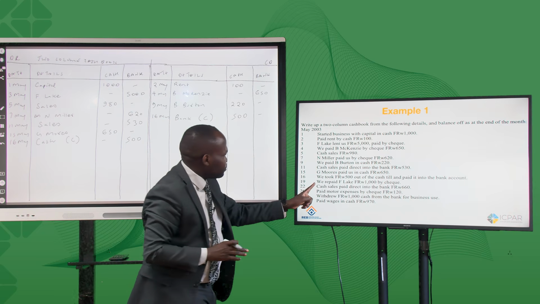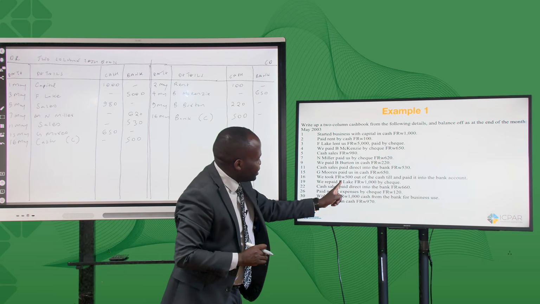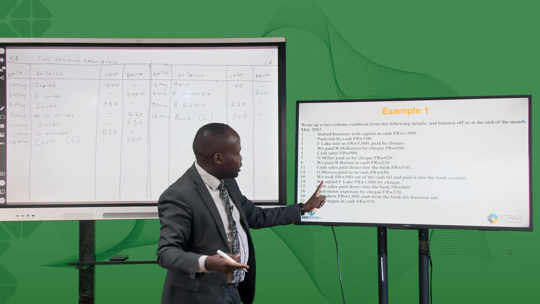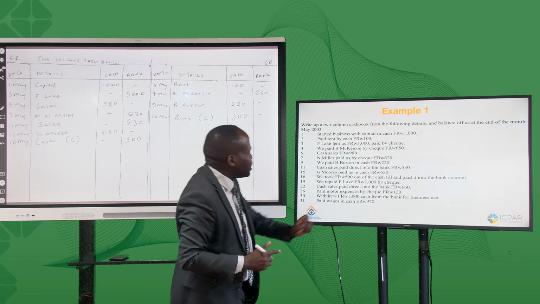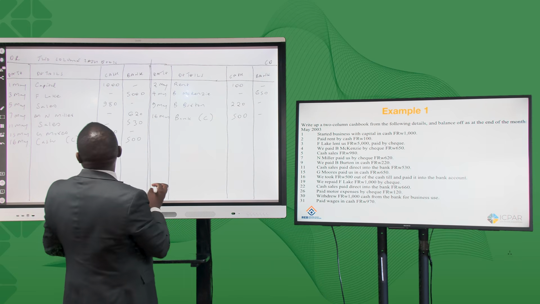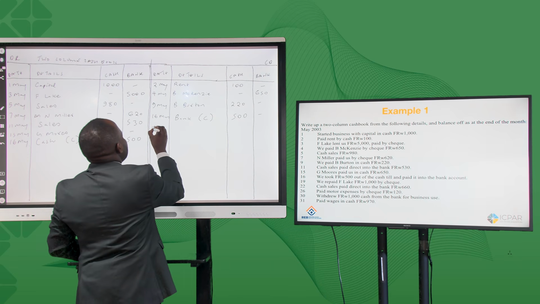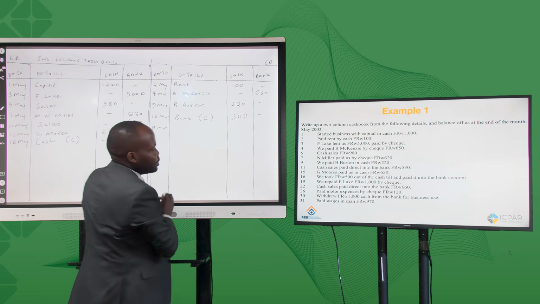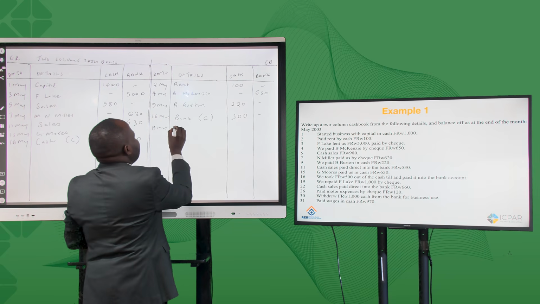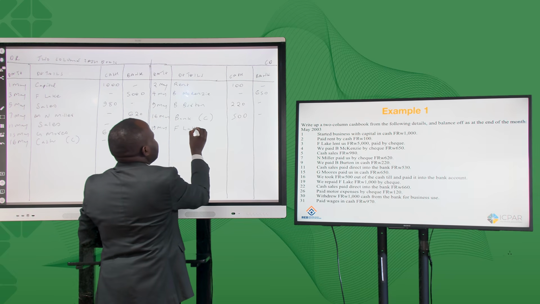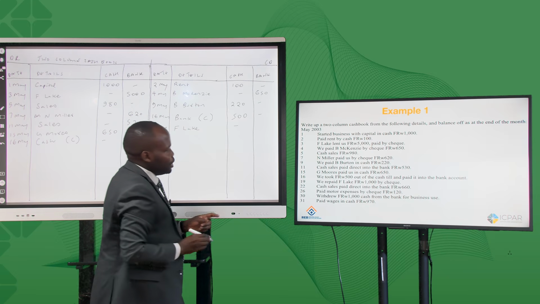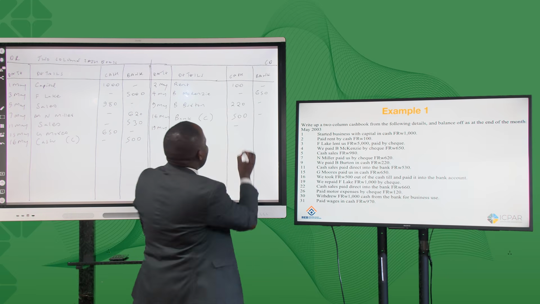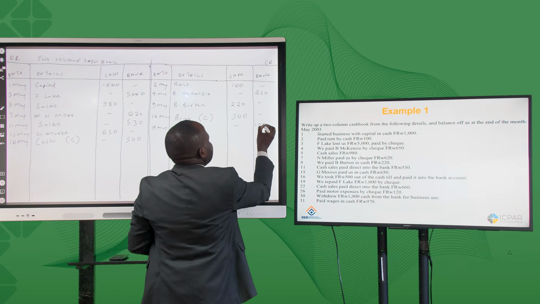Next, we repaid F. Lake 1,000 by check. So that is 19th May. We repaid F. Lake by check. So by bank, we paid 1,000 by check.